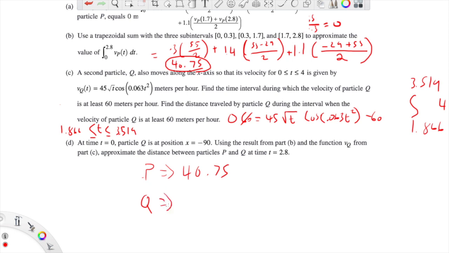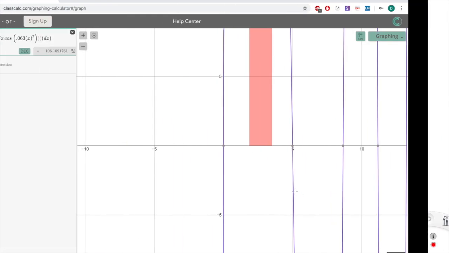And that's going to be its initial distance, negative 90, plus the integral from 0 to 2.8 of this function, right? V Q of t. So we can go ahead and plug that in.